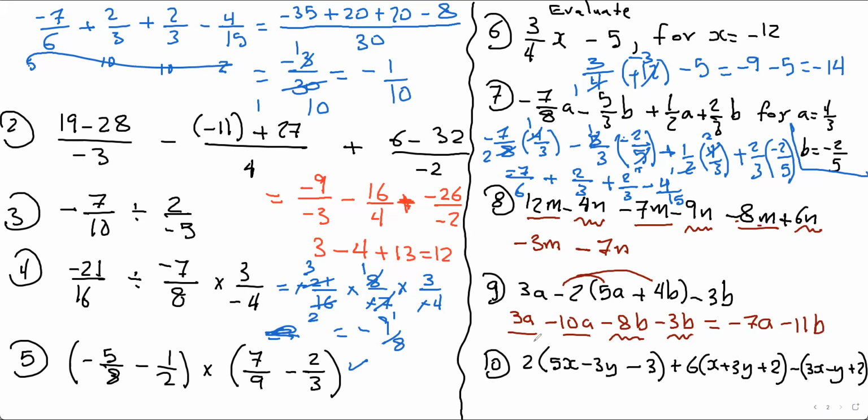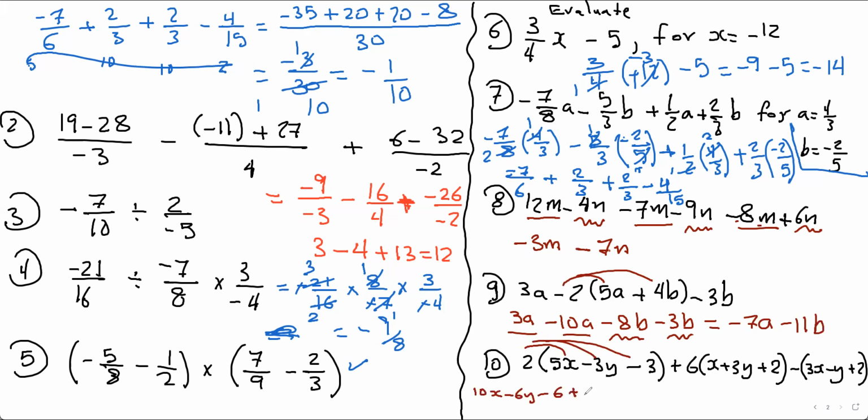How about this one right here? This one is, we distribute the 2 into here, there, and there. So we're going to get 10x minus 6y, and 2 times -3 is -6. And then I distribute this into here as well.